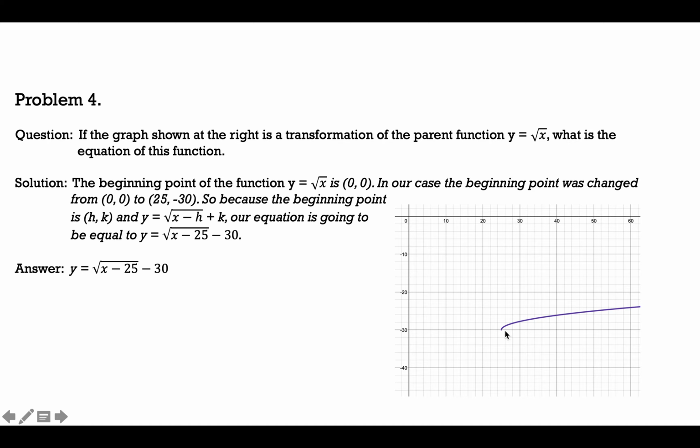Because the beginning point is h, k, h represents 25 right now, and k, which is the y value, is negative 30 now. So our equation is going to be y equals square root of x minus 25, minus 30. So the answer should be y equals square root of x minus 25, minus 30.